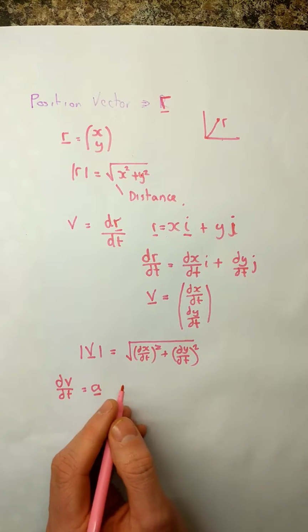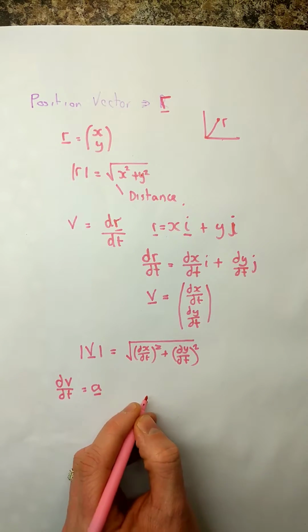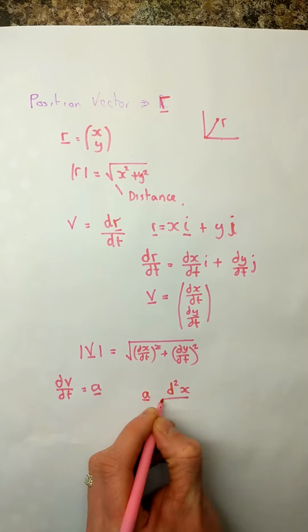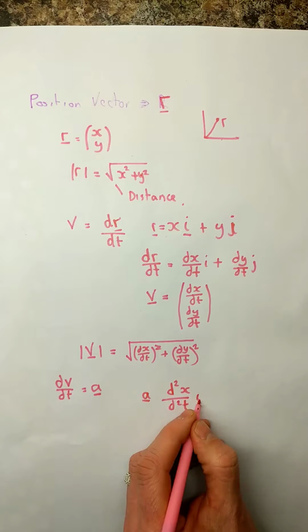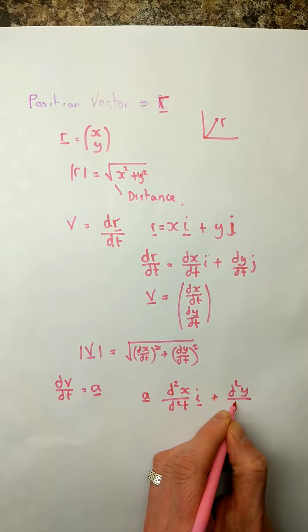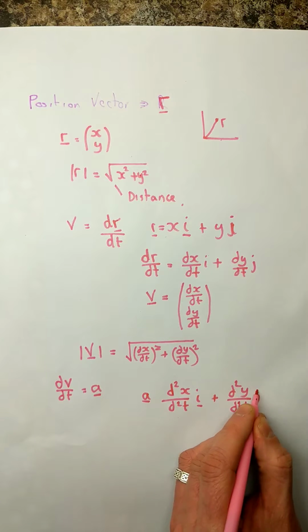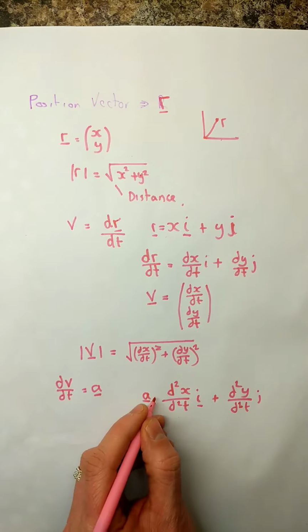Written from the position vector, the acceleration would be d squared x over d squared t in the i direction plus d squared y over d squared t in the j direction, and this gives the acceleration in relation to the position.